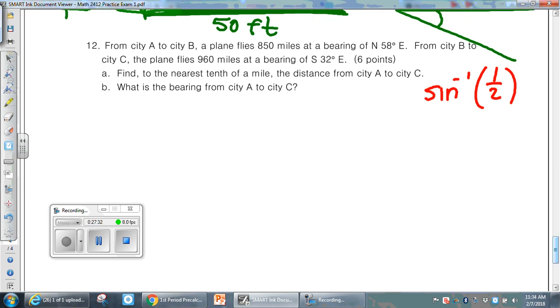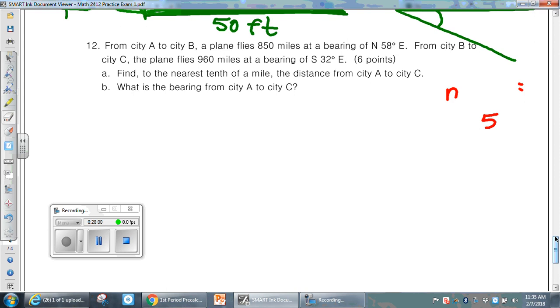It's pi over 6, or 30 degrees. Yes. So I'll give you something like that you can do in your head. Like if you end up with a sine inverse of 50 over 100, you know that's 1/2. So then you should be able to tell me 30 degrees, or pi over 6. Okay, now number 12.